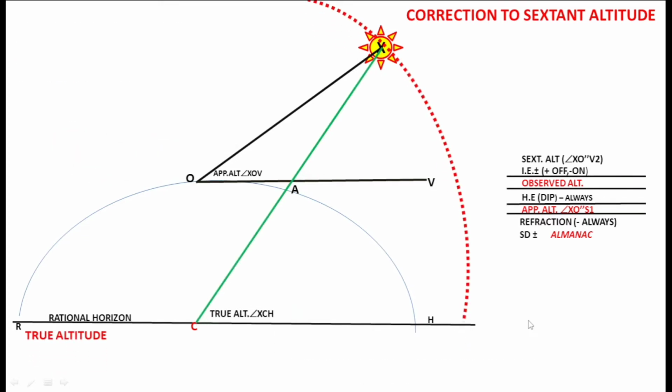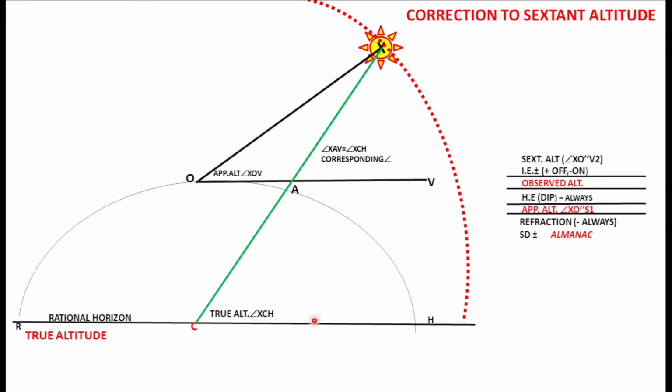Now the true altitude, when we define it, we said it is at the center of the earth. It's the arc of the vertical circle. It's a great circle, so the angle will be at the center of the sphere here. This arc and this angle. Now in this case, the sensible horizon, your visible horizon here, is parallel to the rational horizon.